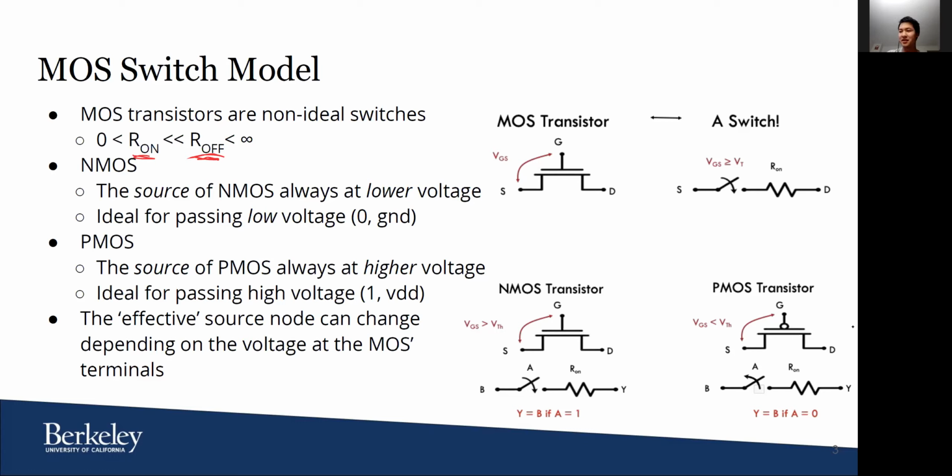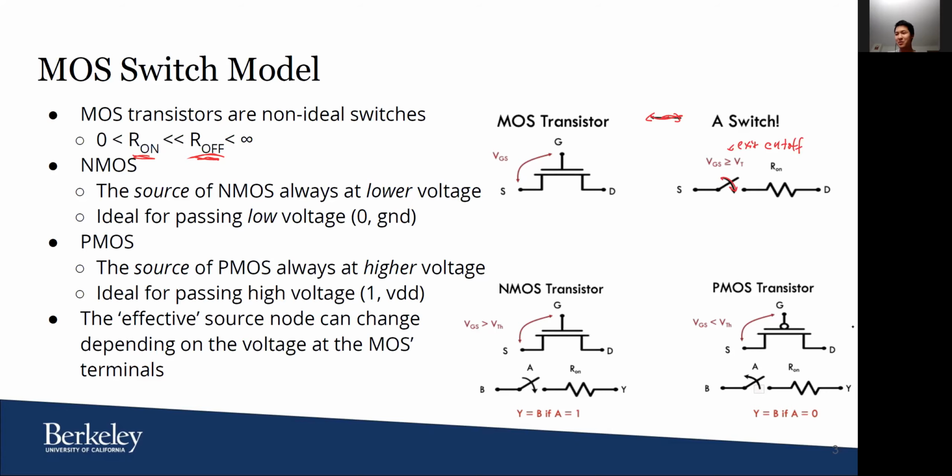So basically, this MOS transistor that we see on the right corresponds to this ideal switch, where the switch closes when you exit cutoff, right? Right, and then you have an equivalent on resistance.